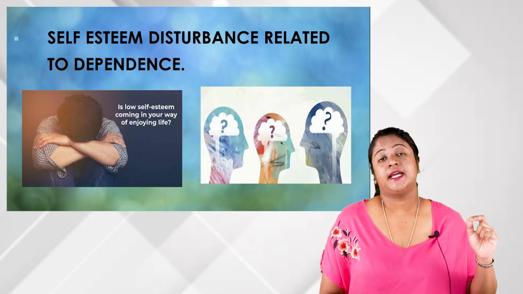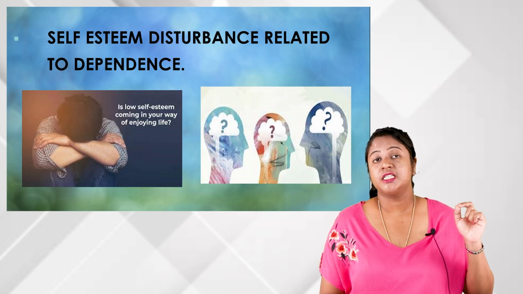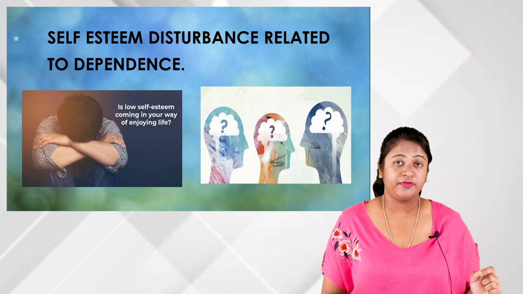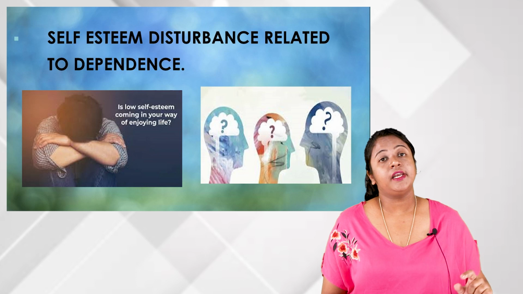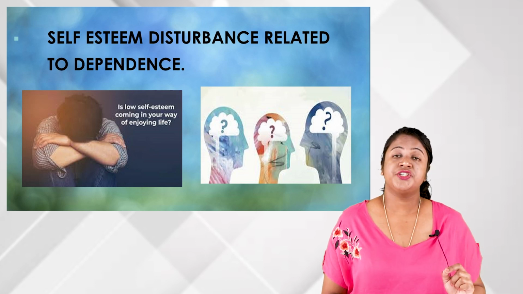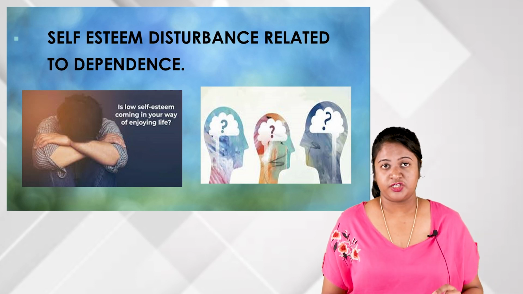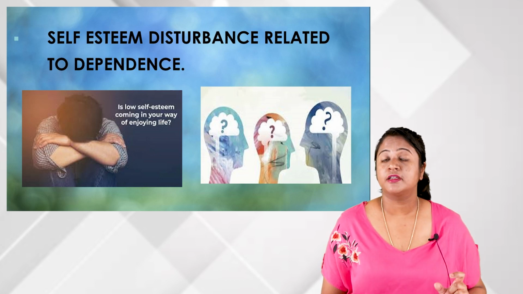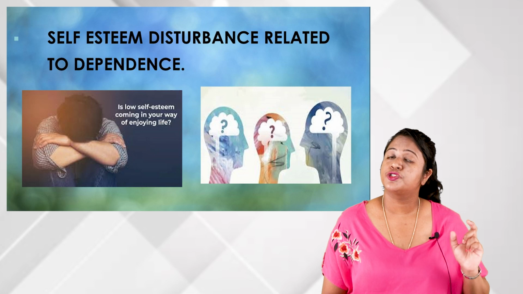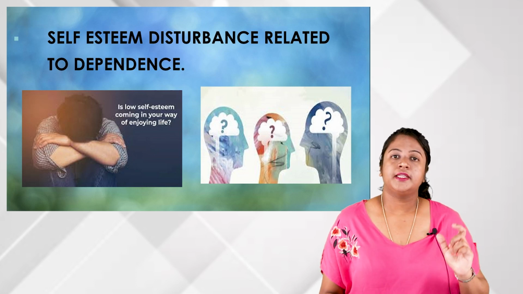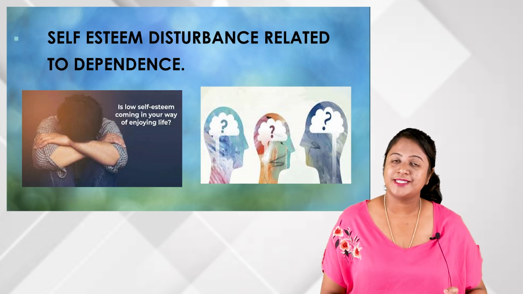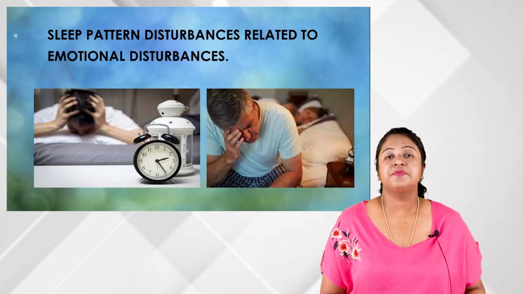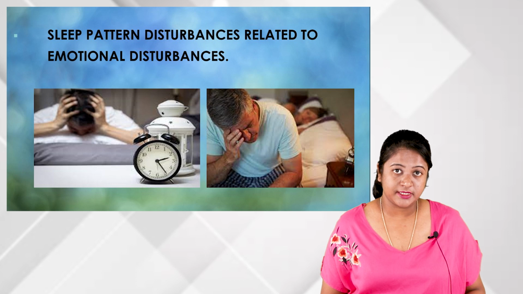So you understand that the client will have various degrees of malnutrition. It can be protein deficiency or vitamin deficiency, mineral deficiency, can lead to changes in the weight. It can be weight loss and loss of appetite. So because of which you state a nursing diagnosis of imbalanced nutrition. Next nursing diagnosis is disturbed self-esteem related to dependence, disturbed sleep pattern related to the emotional disturbance.